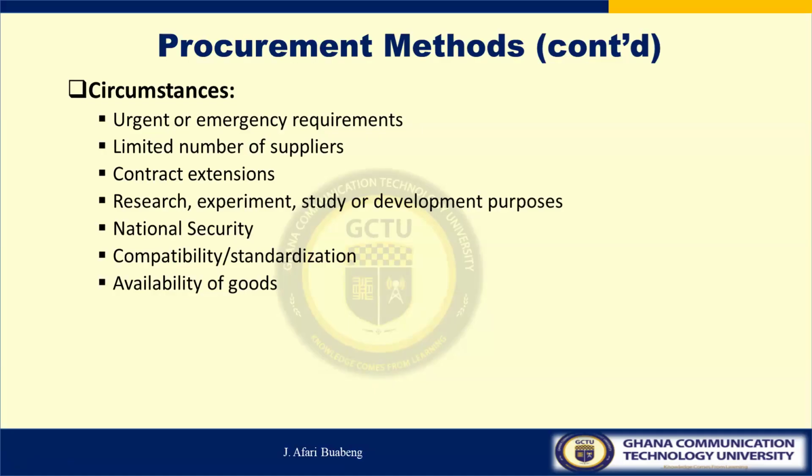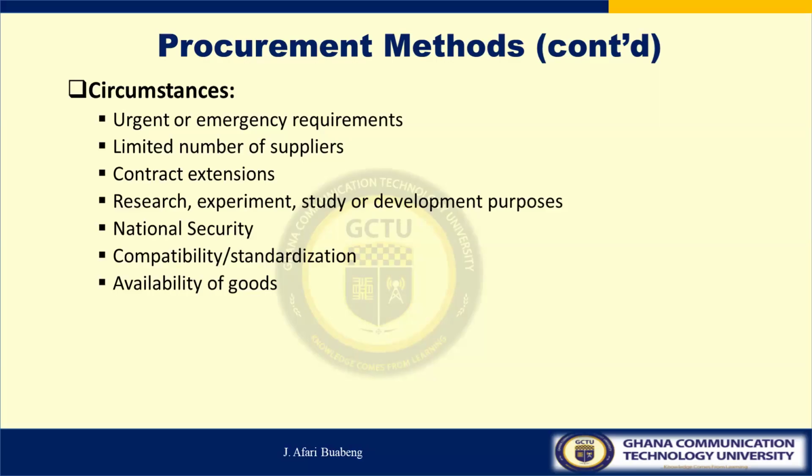Because if you want to satisfy a need, it means that it is urgent, critical. So going by the threshold may delay the procurement process. And as you may know, and for those of you who didn't know, the default procurement method is competitive tendering. The default method is competitive tendering.